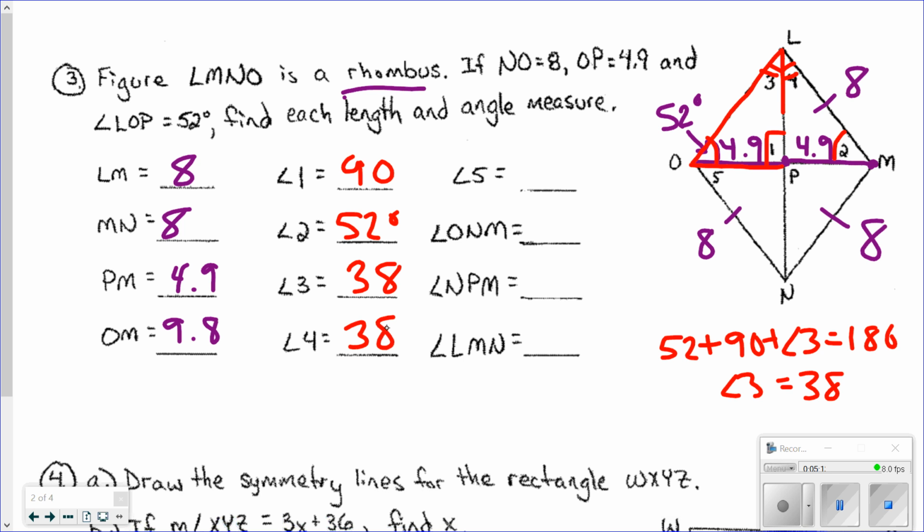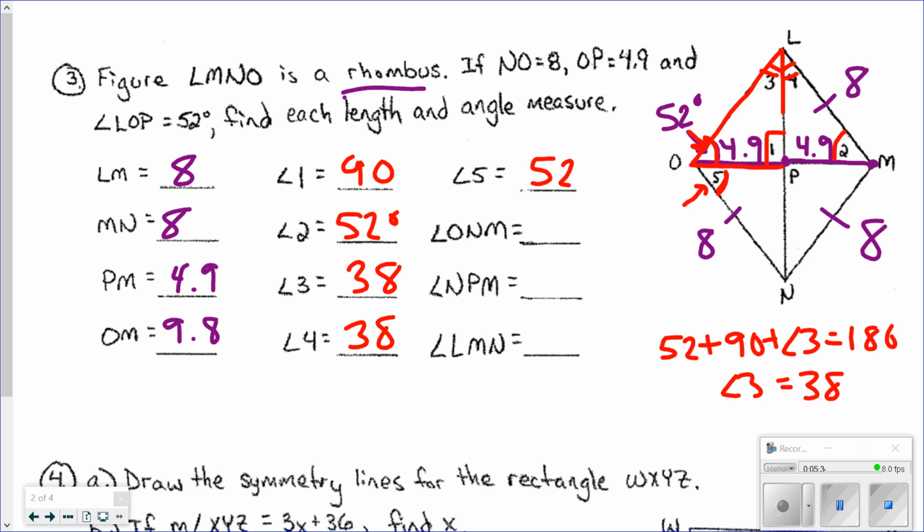Angle 5, so angle 5 is right here. Well, we knew if this angle is 52, then angle 5 is also 52 because the diagonals in a rhombus bisect those large angles. Next, let's look at angle ONM.